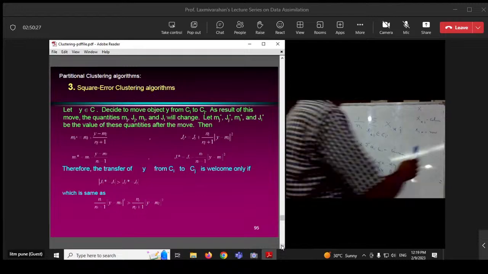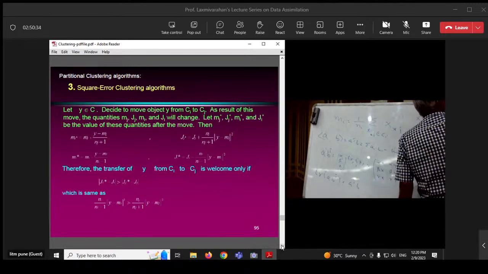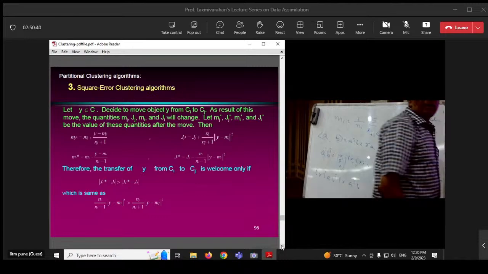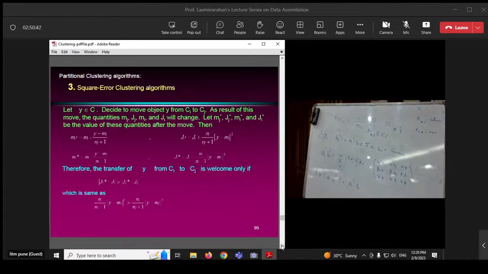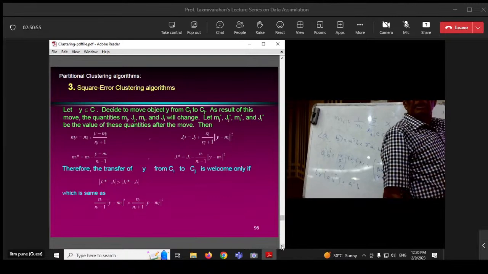So, if I'm going to move Y from Ci to Cj, the old mean of the jth cluster is Mj, and its new mean is M star j. I have to update that. When a third object comes in, the centroid changes. And Ci is losing, so I have to update it as well.